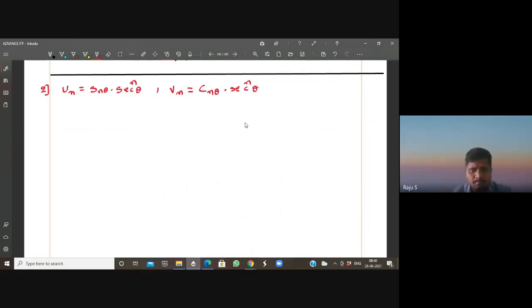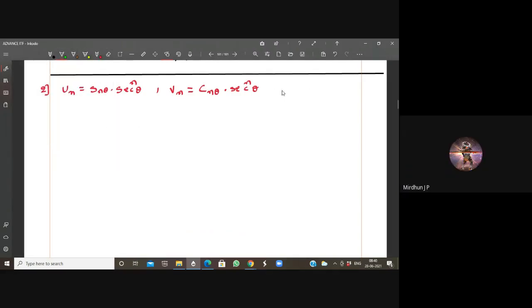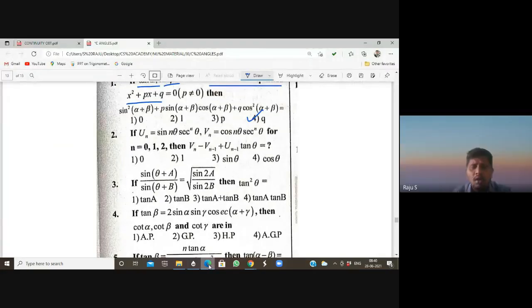Vn is cos n theta into secant power n theta. This is for values n equal to 0, 1, 2 alone.